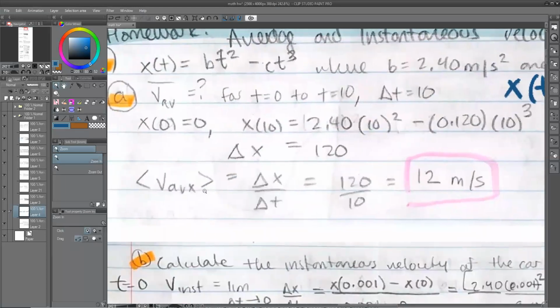So when you find the average velocity, you know that it is equal to delta x over delta t. Your delta t is 10. Your delta x is 120 minus 0, which is just 120. So your average velocity is going to be 12 meters per second.